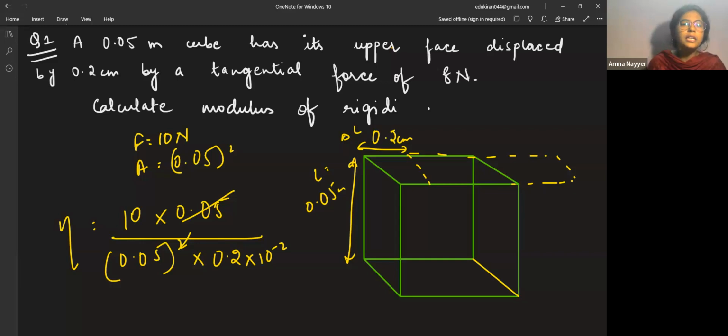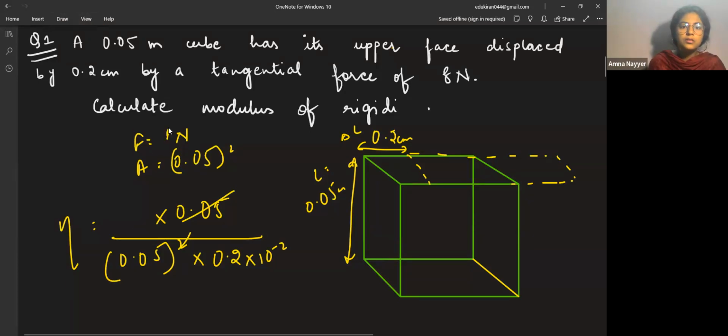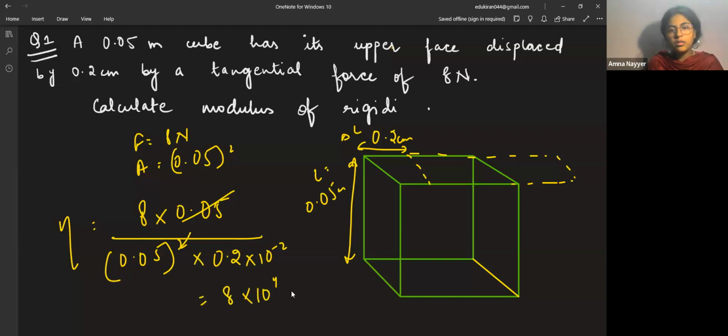Okay, force is 8 Newton, not 10 Newton. So this becomes 8 into 10 to the power 4 pascals or Newton per meter square. Just check the calculation while you people are writing.